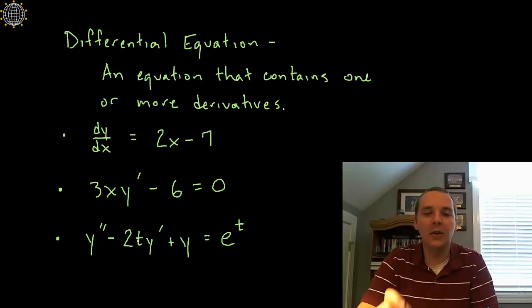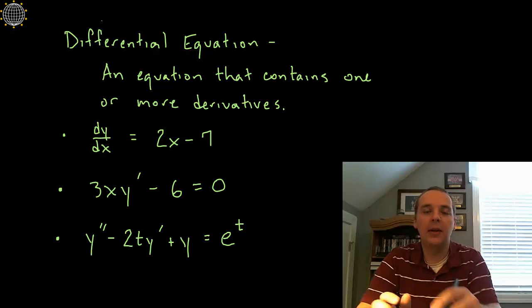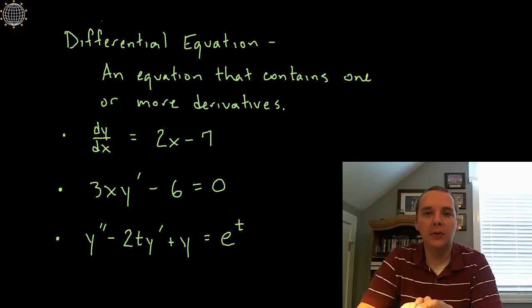This is a second order differential equation because you've got up to y double prime. Now, in Calc 1 and 2, when you study differential equations, they will remain quite easy, quite on the simple side. When you take the full-blown differential equations course, that's when you'll get into more involved differential equations that require some advanced techniques. Okay, so here we go.